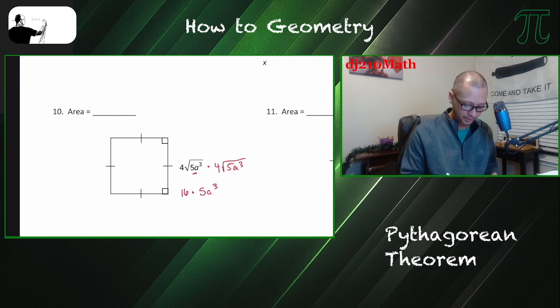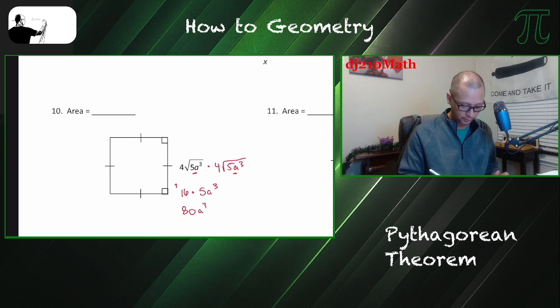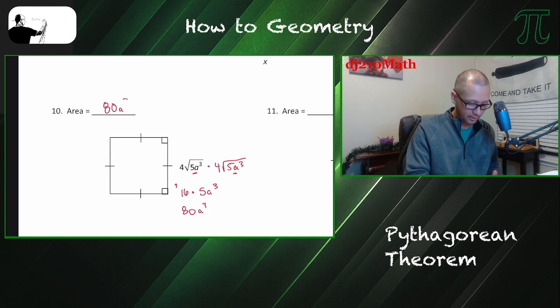Again, because these match, when they multiply, the square root goes away and the part that's left inside is just what you have. So simplifying this, 16 times 5 is going to be 80, so a cubed. So the area of this square is 80a cubed.